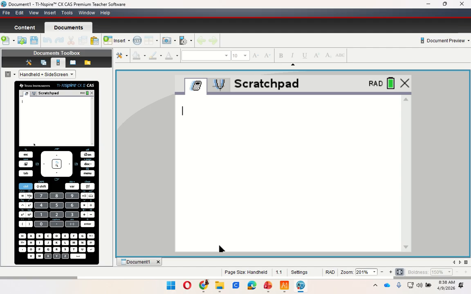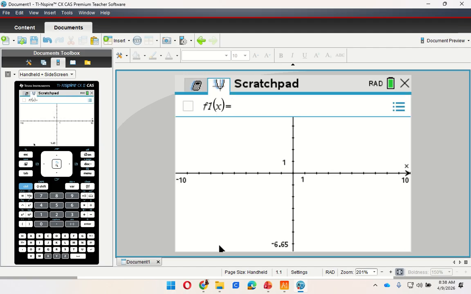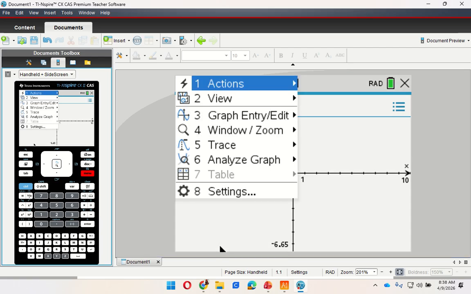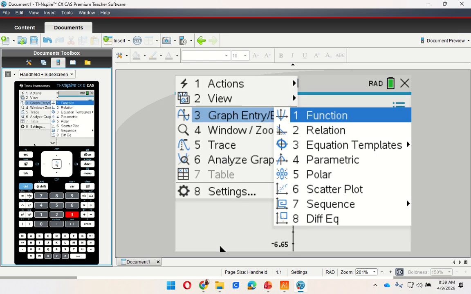So I'm going to go to my graph, and we're going to put in our original problem, which is our differential equation. For those taking notes, I'm going to start by hitting menu, graph entry, and down here is my differential equation.